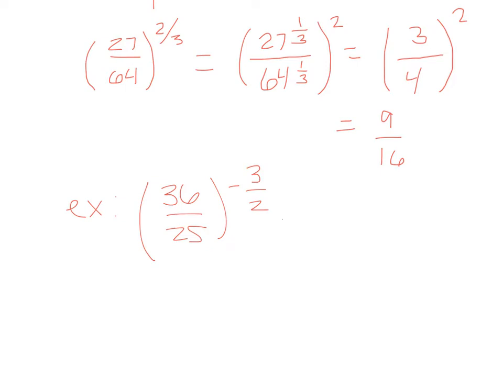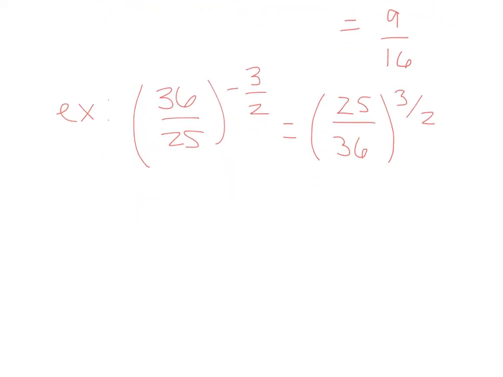We know when we have a negative exponent, we're going to flip, or take the reciprocal of, whatever the base is. So let's do that part first. Let's take the reciprocal of that fraction inside of the parentheses, and we'll rewrite that as 25 over 36. So now we've got a positive exponent of 3/2.